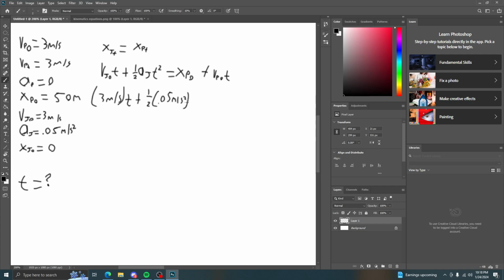I forgot to say squared. Times t squared. And that's going to equal Pablo's initial position, which is 50 meters plus the initial velocity for Pablo, which is 3 meters per second, times t.